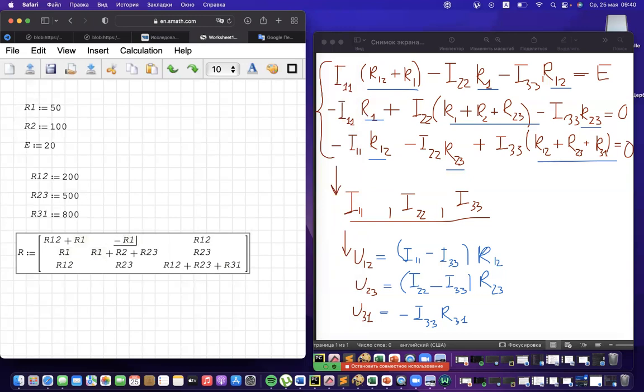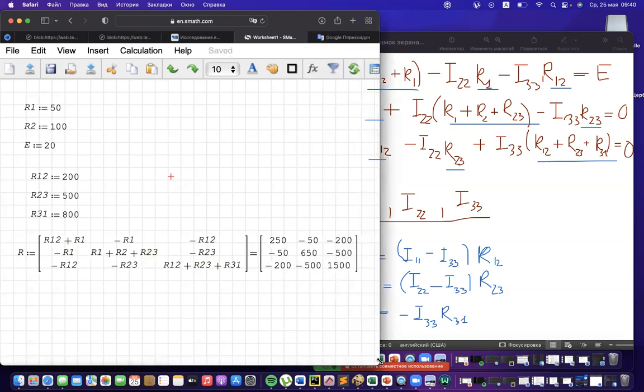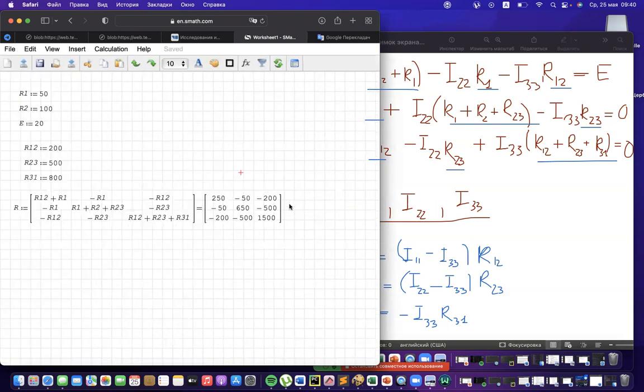Here, here, here, here, and the last 2 coefficients. Yeah, here it is. Press enter and you get the value of this matrix of resistors.